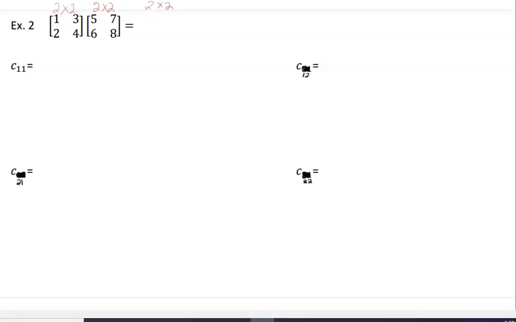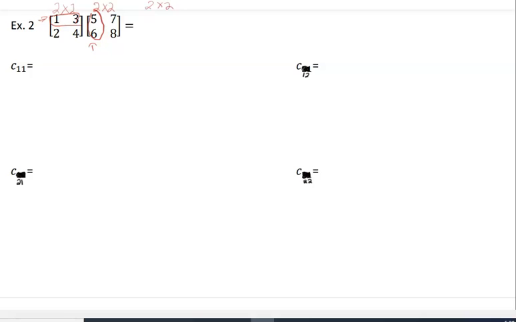So again, as we do matrix multiplication, we're always doing one of the rows of the first times one of the columns of the second, and where those two things intersect is going to be the new point in the new matrix. So we have our first row times first column, and that's going to get us our first element in the new matrix.